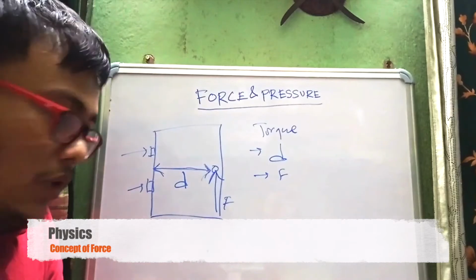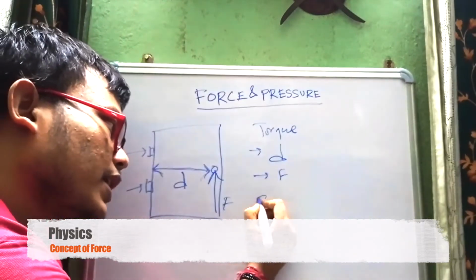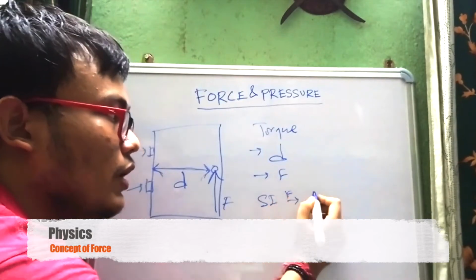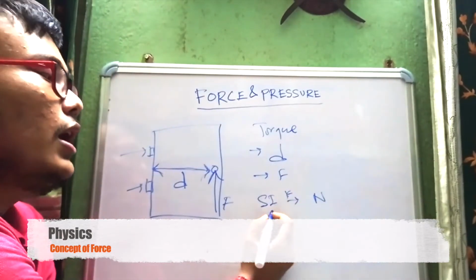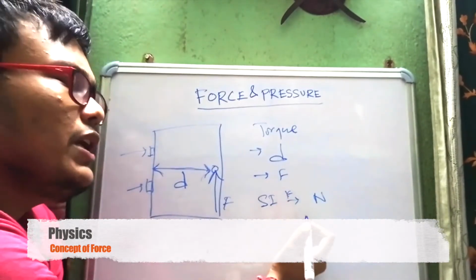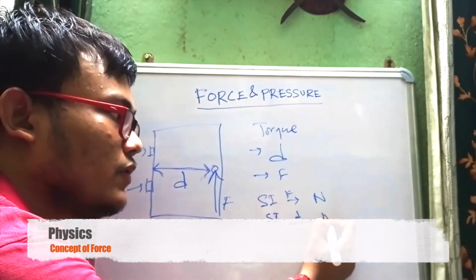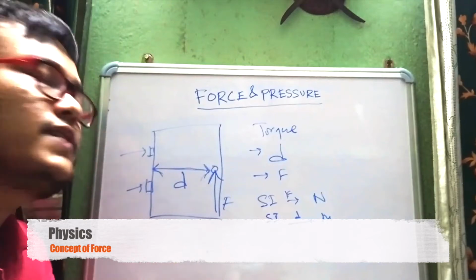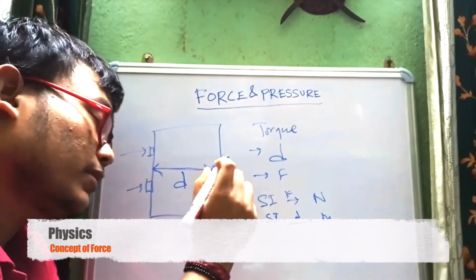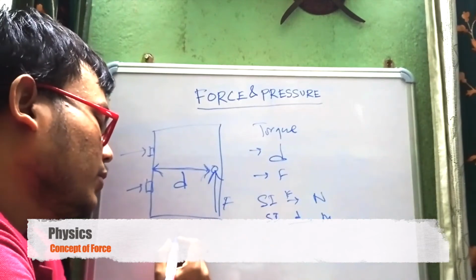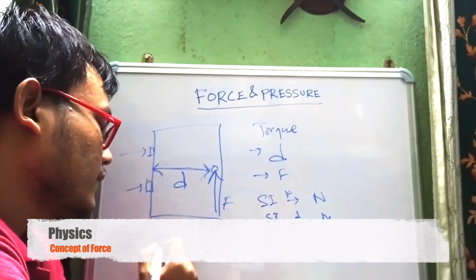We know that the SI unit of force is Newton and the SI unit of distance is meters. So what will be the SI unit of torque?